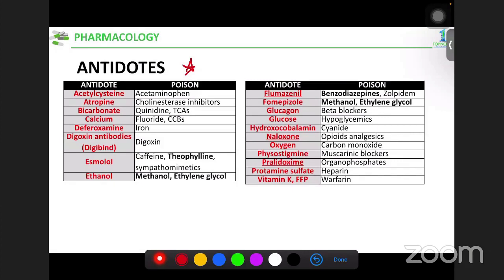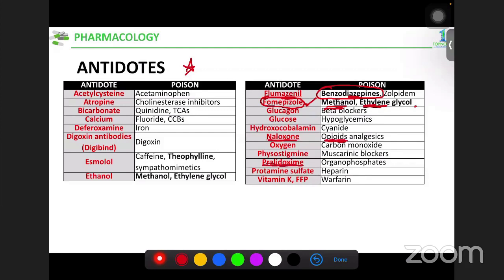So, for your benzodiazepine toxicity, we use flumazenil. For again, fomepizole na discuss natin, alcohol dehydrogenase inhibitor. So alcohol toxicity, methanol, ethylene glycol, and ethanol. Your naloxone, again, is an opioid antagonist, so opioid poisoning.